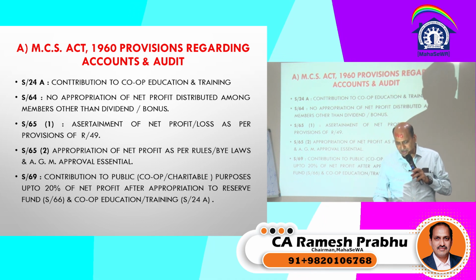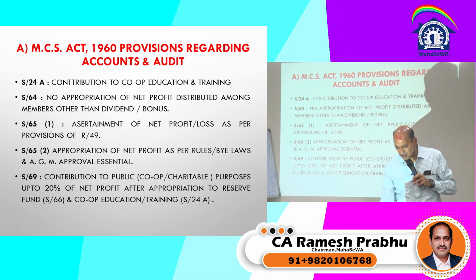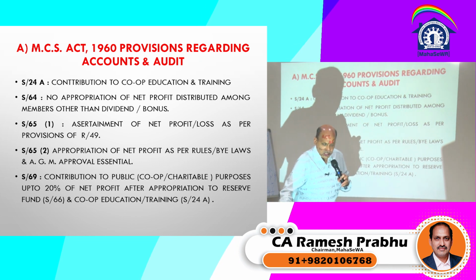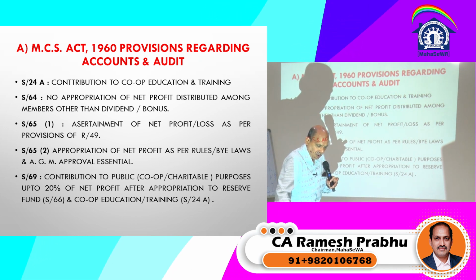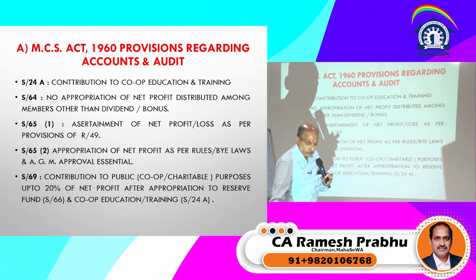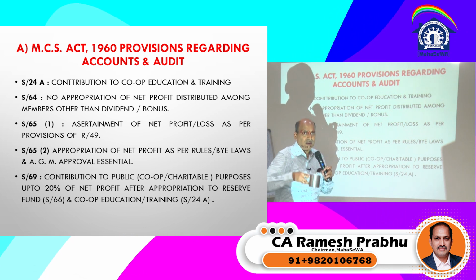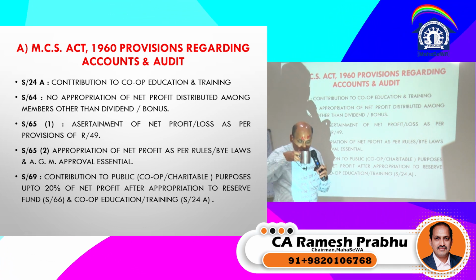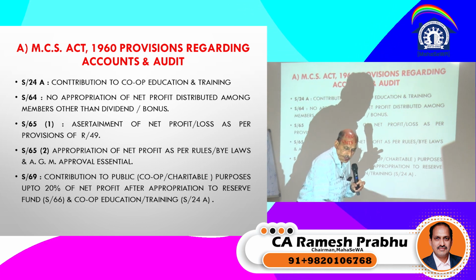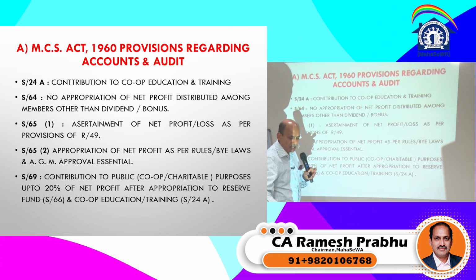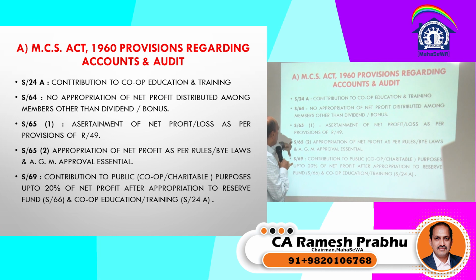After ascertaining the profit, naturally the next thing is the appropriation. Appropriation means distribution. Whatever profit we are making needs to be distributed among the members or in the manner prescribed in a particular section.